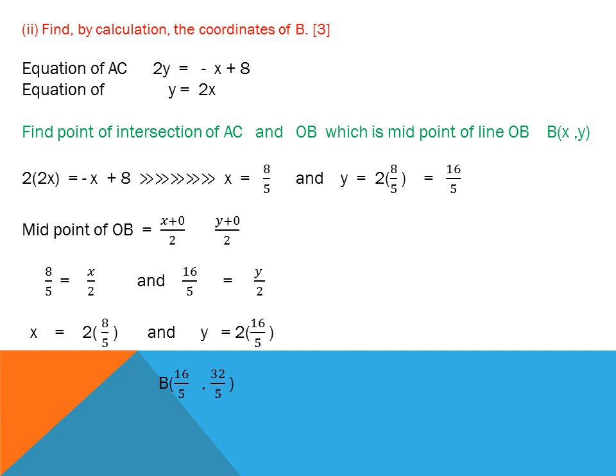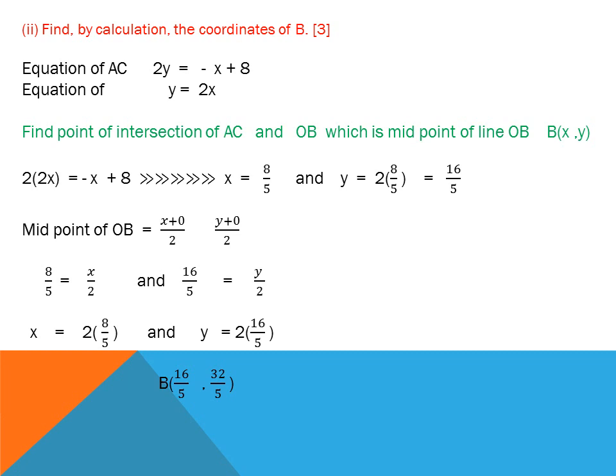In the second part, find by calculation the coordinates of B. The equation of AC is 2y equals -x plus 8, and the equation of OB is y equals 2x. Find the point of intersection of AC and OB, which is the midpoint of OB, because AC is a line of symmetry.